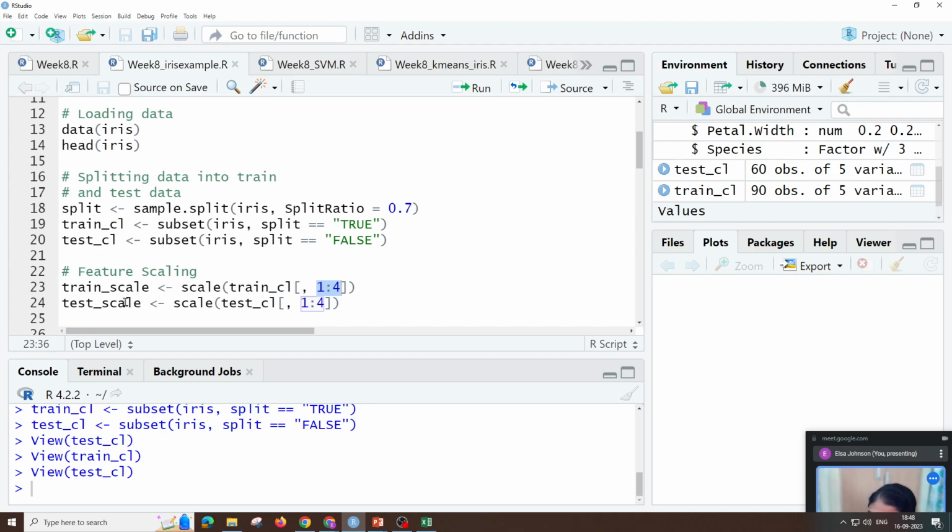Now can you tell me, can we do the scaling before the splitting? What is your idea about that? Right now in this example, I have first split it into train and test, and then I am scaling it. This is a question that usually comes up in data science.